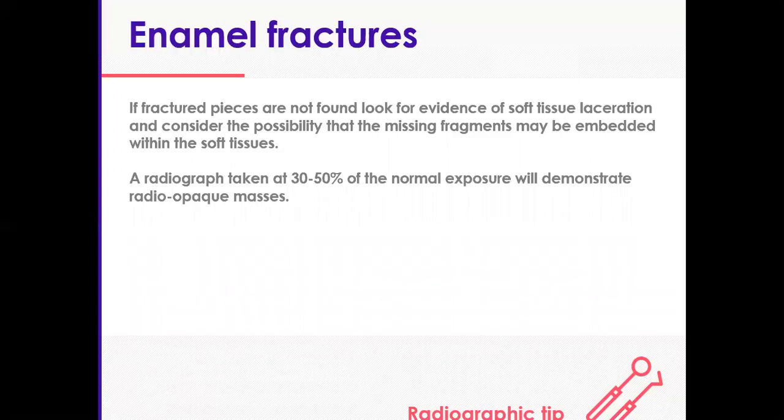It's very important. These lacerations usually have the bits in them or debris, so it needs to get cleaned up before being sutured. To check the laceration and rule out the presence of these fragments and debris, if you dial down the exposure to 30 to 50% of a normal anterior PA exposure and take a radiograph, you will be able to detect these fragments.